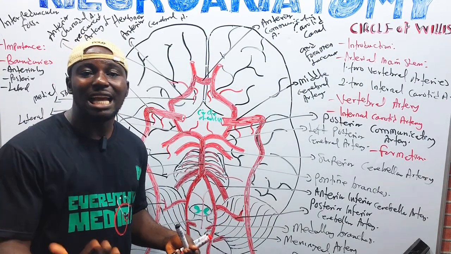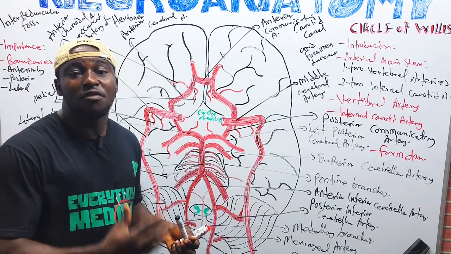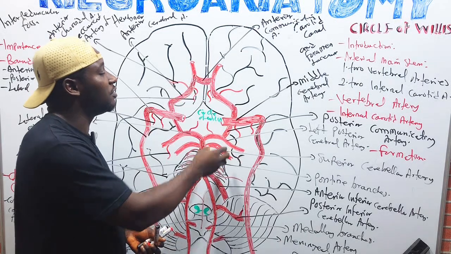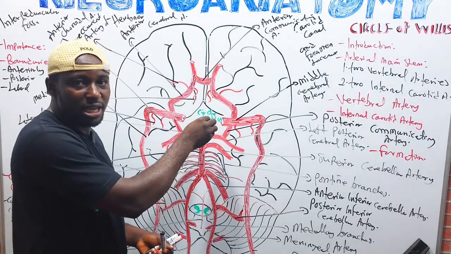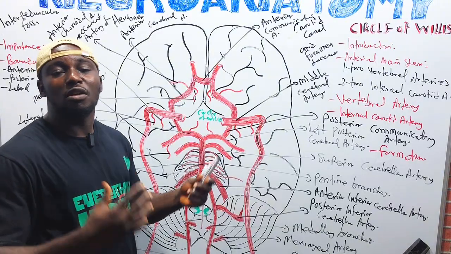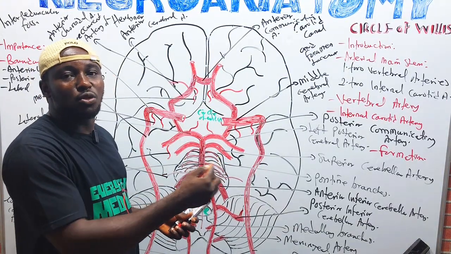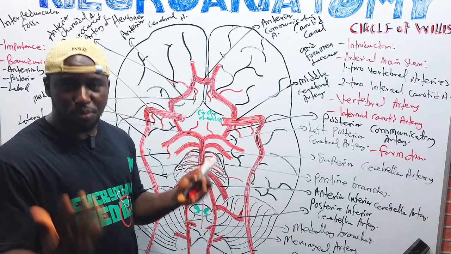When the tunica media is not present during development in the blood vessels of the brain that participate in the formation of the circulus arteriosus, it makes the blood vessels of the Circle of Willis not firm enough to accommodate blood pressure.